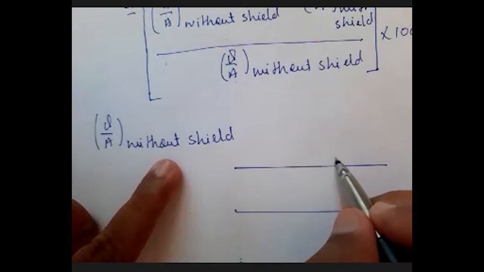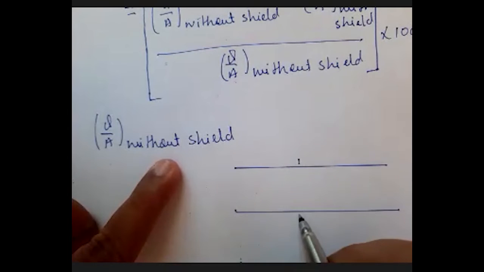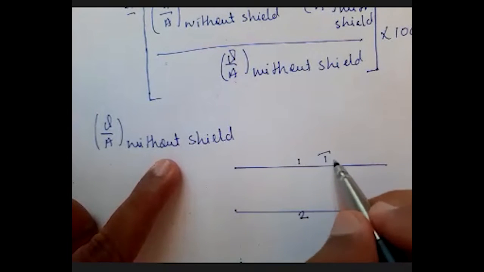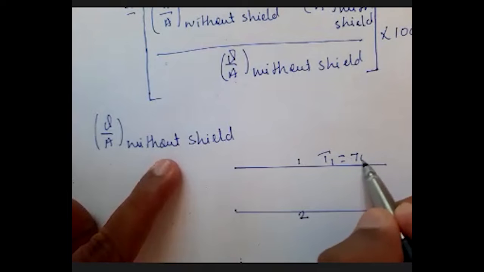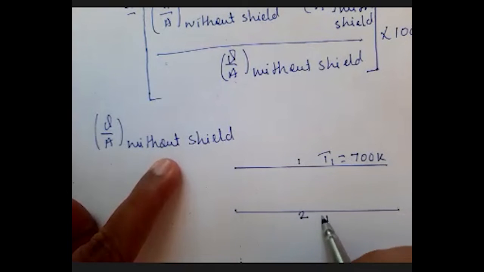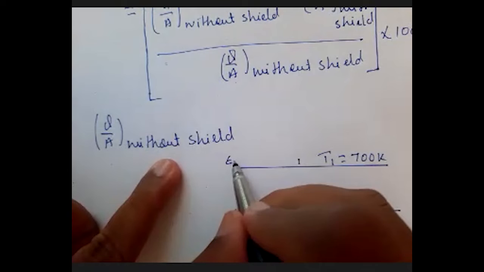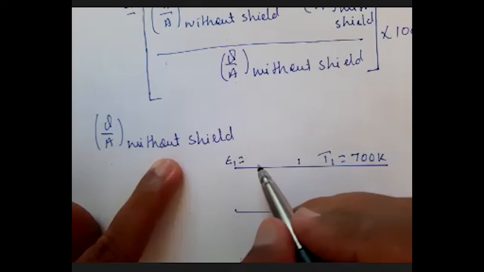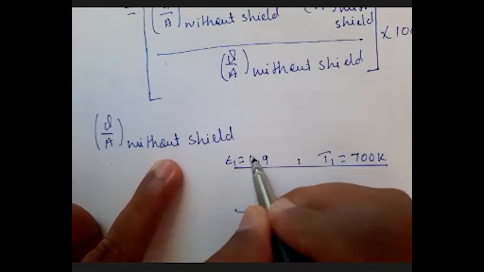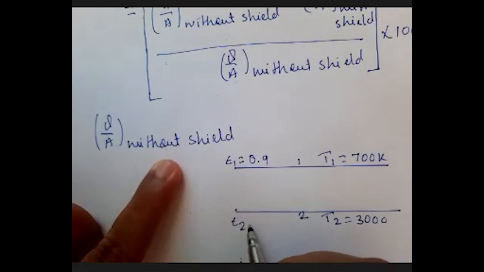This surface I take as surface 1 and this is surface 2. Temperature of this surface is 700 Kelvin and temperature of this surface is 300 Kelvin. Emissivity of this surface is given as 0.9 and emissivity of this surface is given as 0.6.